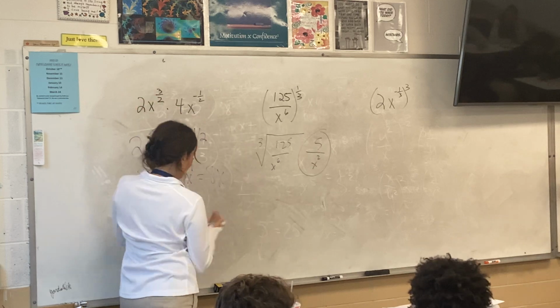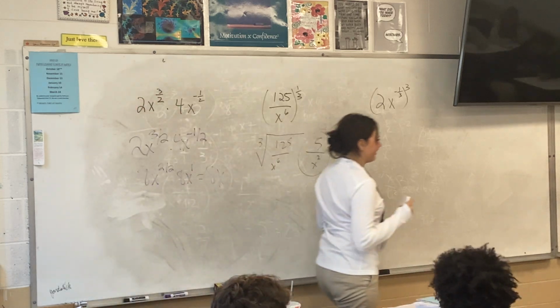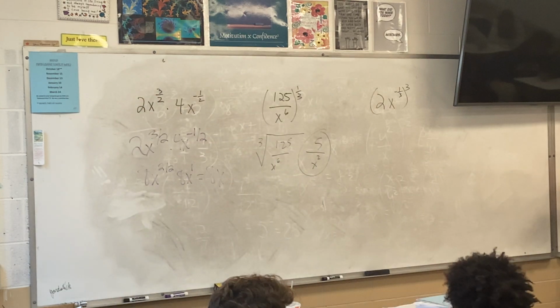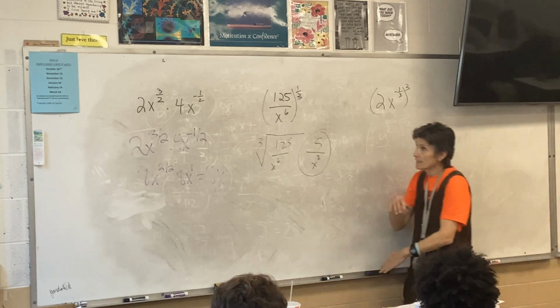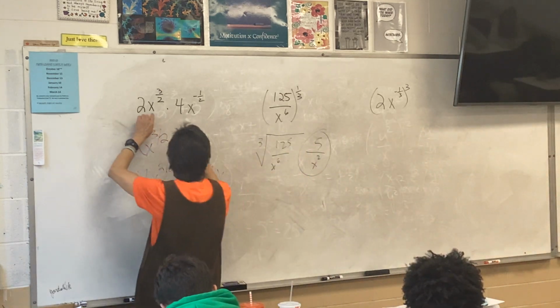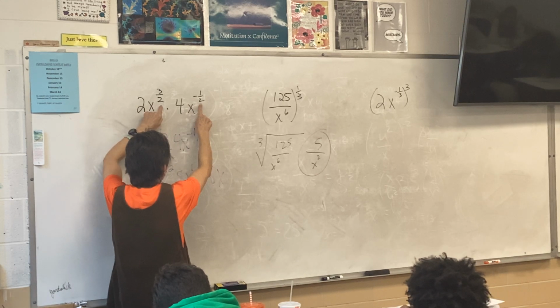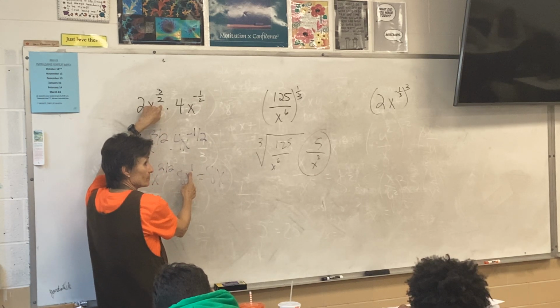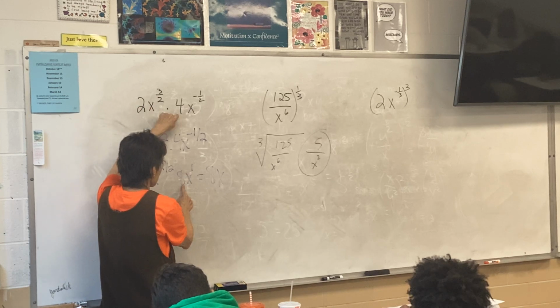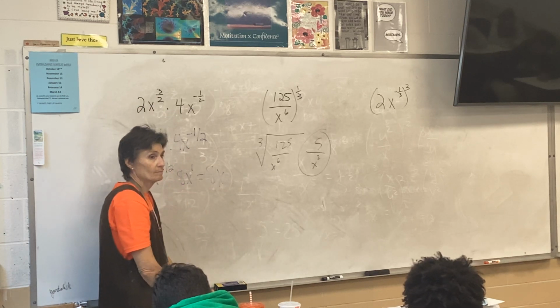That's what you do. Yeah, don't overthink it. Now, certainly what you said originally was right, Sydney, but this is a multiplication problem. They're both x's. We're gonna add those exponents and we get 1. 2 times 4 is 8. The answer is 8x. Perfect.